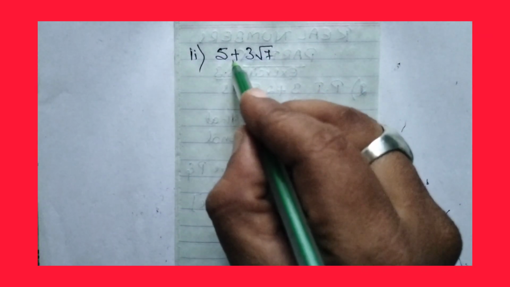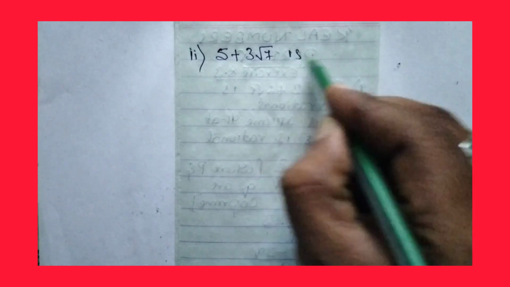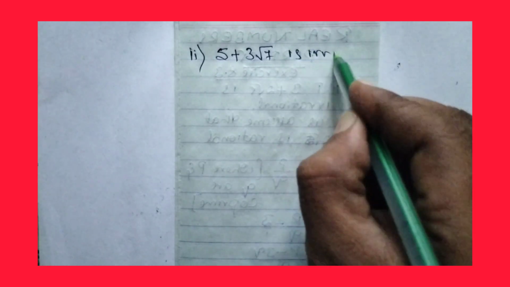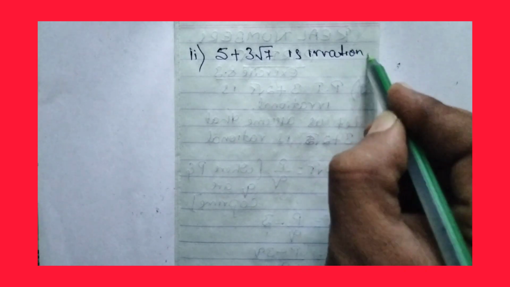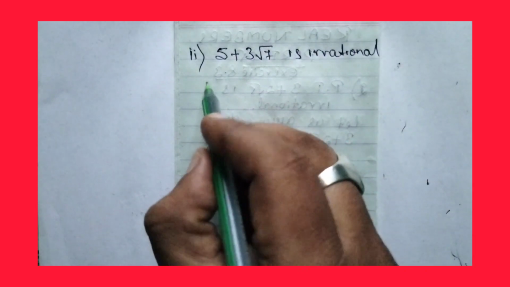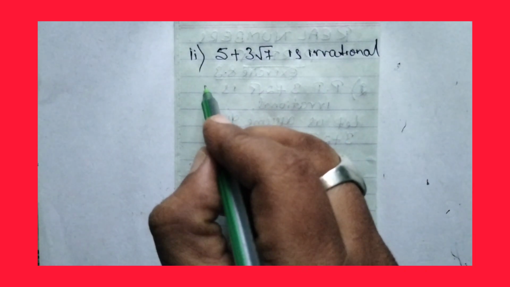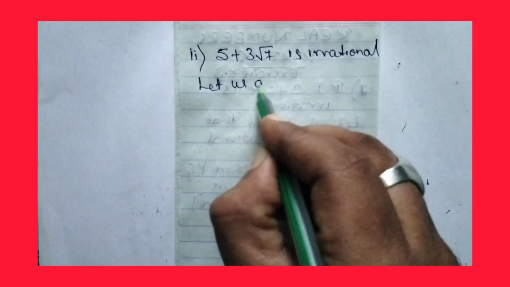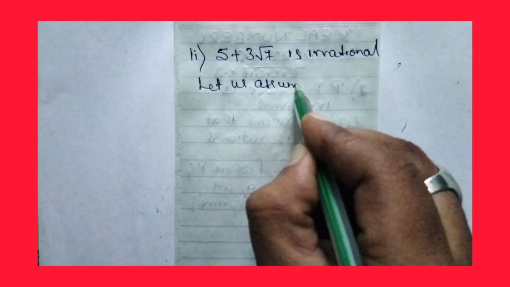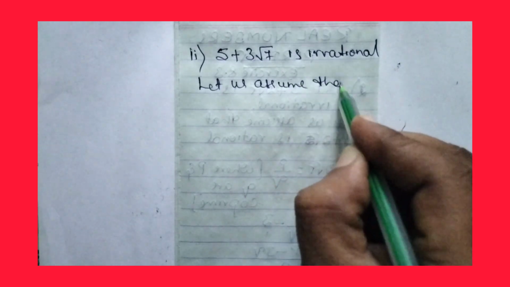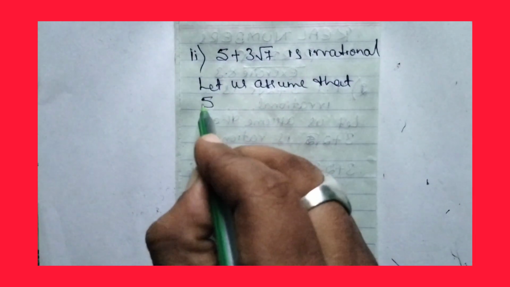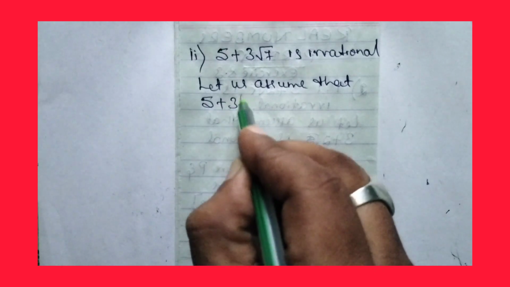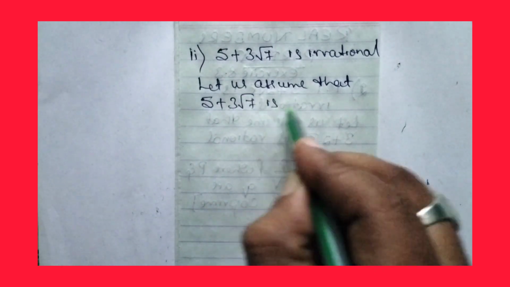So let us prove that 5 plus 3 root 7 is irrational. So now the first step, let us solve this question. Let us assume that 5 plus 3 root 7 is rational.